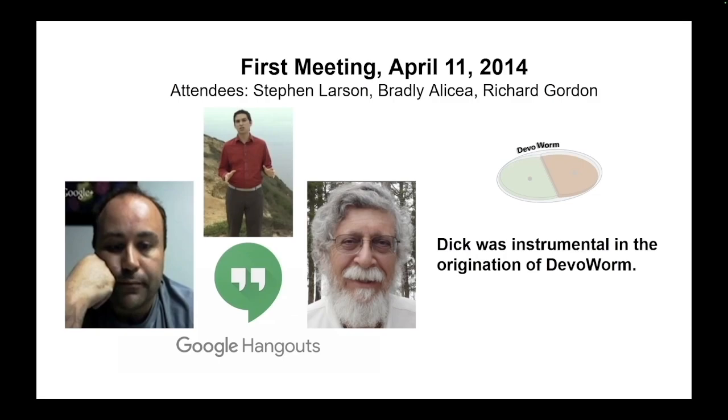But it quickly evolved away from that issue, and it is what it is today. I have a video on the DevoWorm YouTube channel on 10 years of DevoWorm, which I published, I think, 2 years ago. So you'll have to check that out to see the history of DevoWorm.